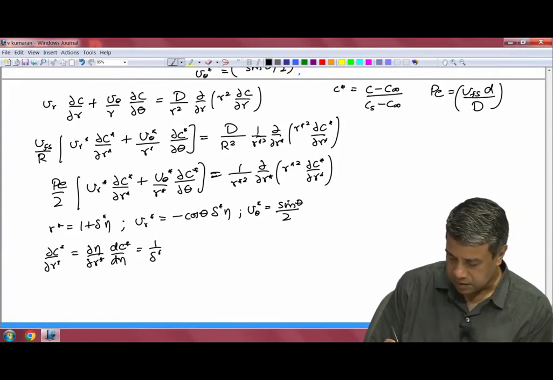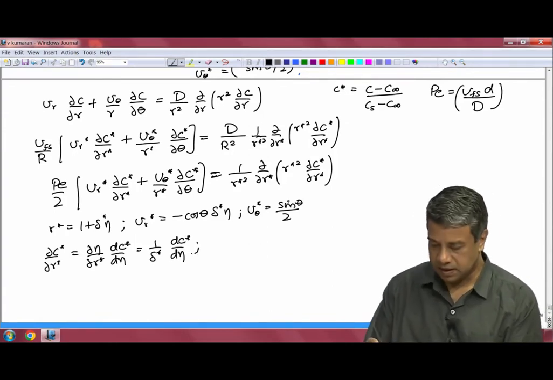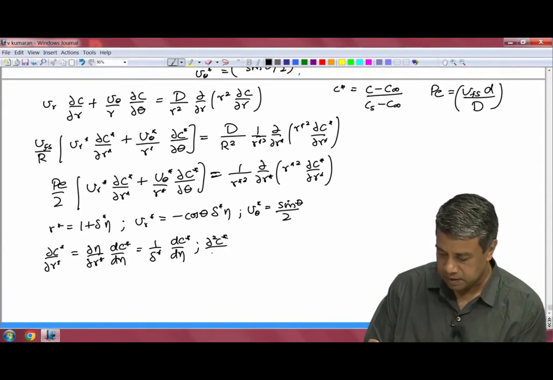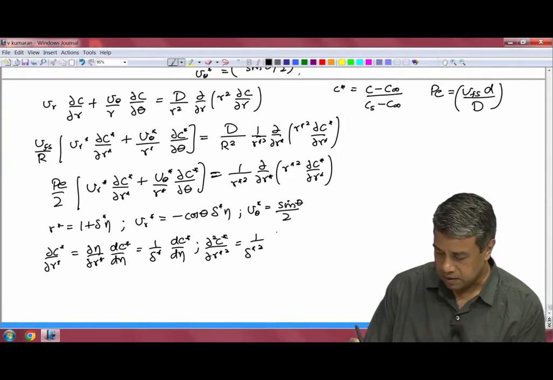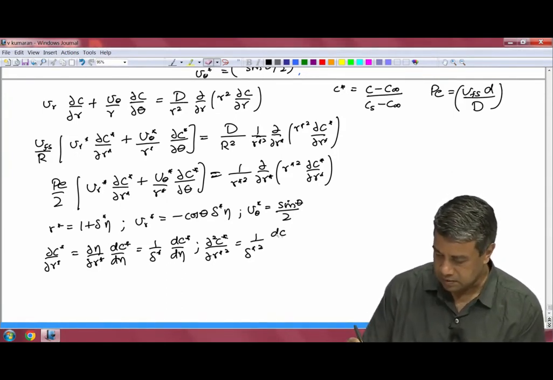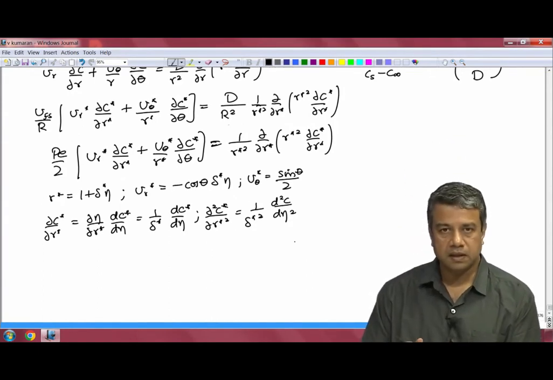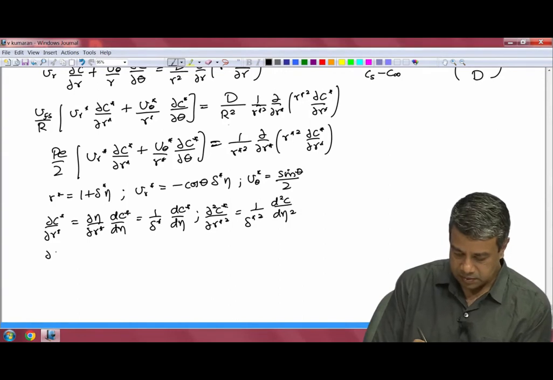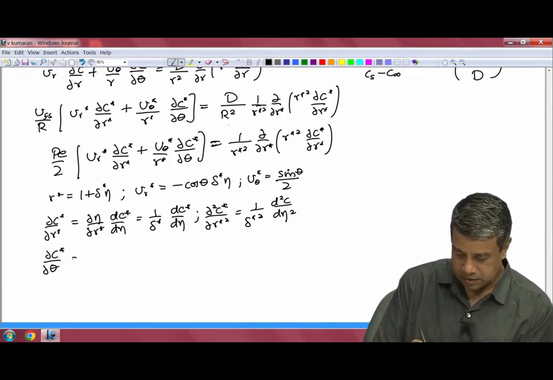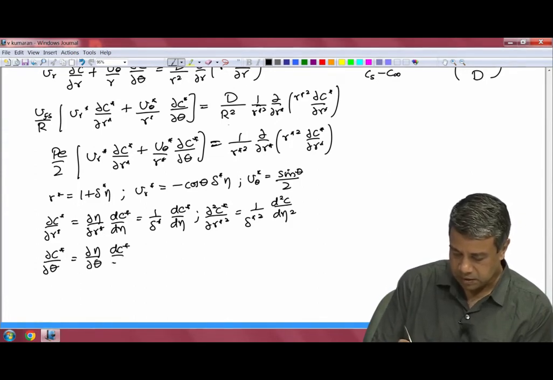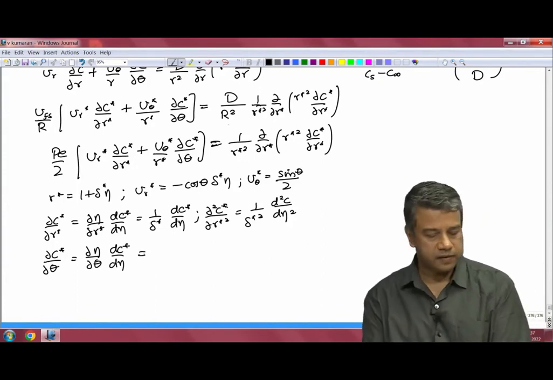The second derivative, partial square c by partial r star square, is equal to 1 by delta star square d square c by d eta square. And the derivative with respect to theta, partial c by partial theta, is equal to partial eta by partial theta dc by d eta. Chain rule for differentiation once again.